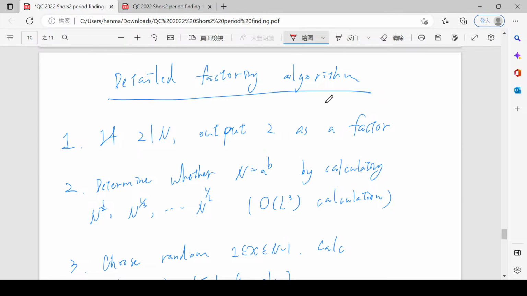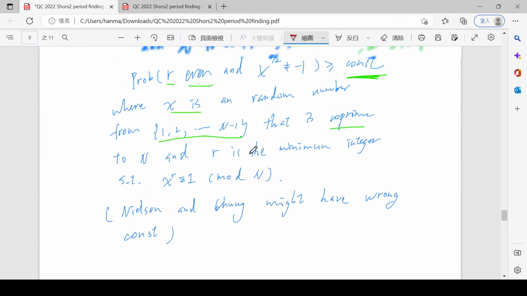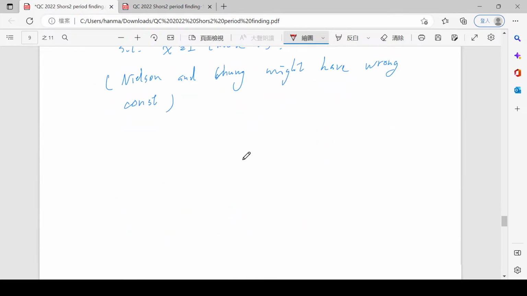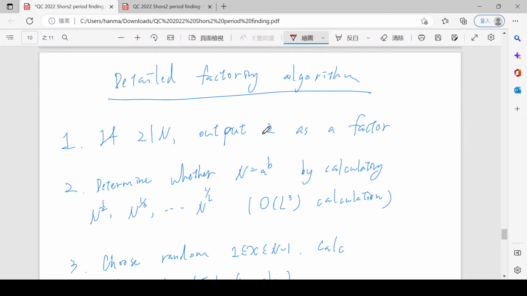The first thing you do is check that n is not an even number. If n is an even number, then you say 2 is a factor. Anyway, first you check n is not an even number.